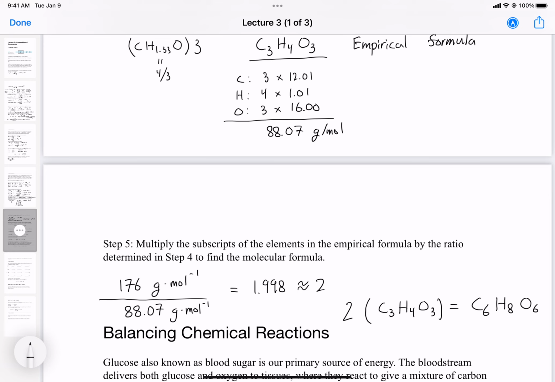And if we look up vitamin C, we'll see its, sorry, not empirical, its molecular formula is C6H8O6. So we are correct. So that's how you figure out empirical formula and molecular formula.